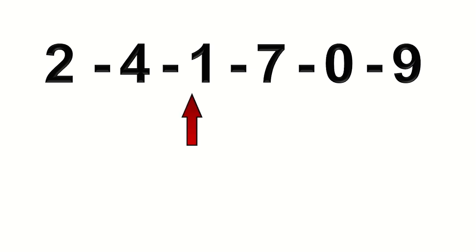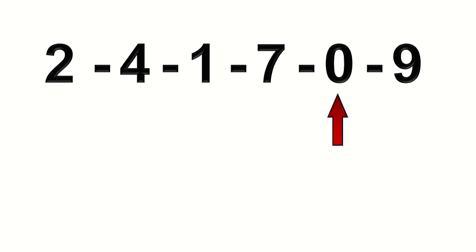So by comparing number 2 with number 1, we have number 1 as the smaller number. And by comparing number 1 with number 7, we consider number 1 as the smaller number.